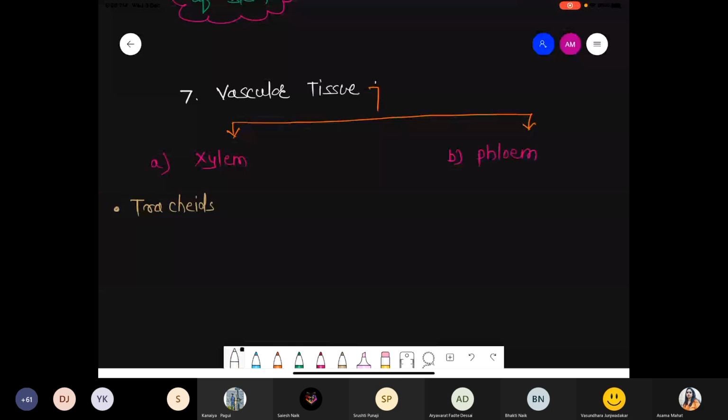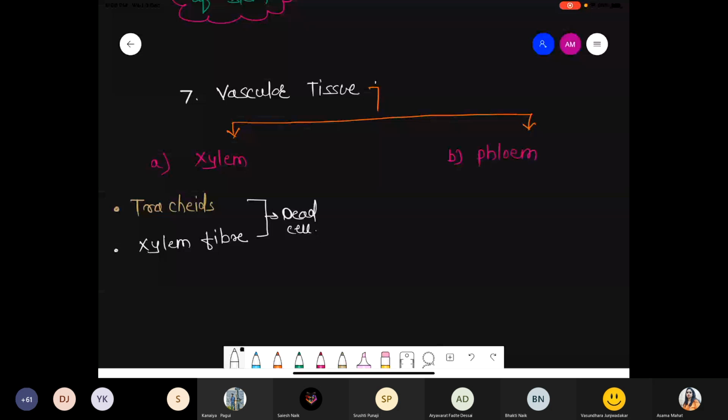Another cell, that is xylem fiber. Tracheids and the xylem fiber, both are dead cells, tracheids as well as the xylem fiber. Just imagine one thing. Whatever name we are writing here, tracheids or the xylem fiber, these are cells which help for the water conduction.